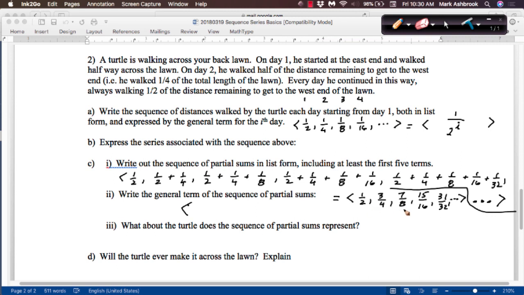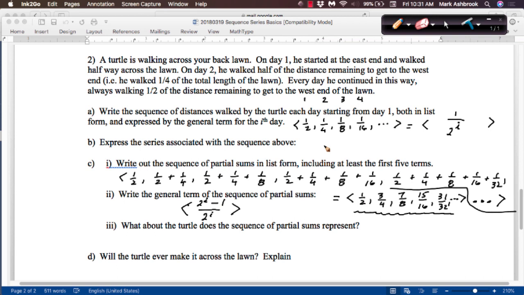So what are our denominators? It's the same as before, 2 to the i. What about the numerator? 1, 3, 7. Isn't it always 1 less than the denominator? So 2 to the i, minus 1. What does the sequence of partial sums represent? The original sequence represented how far he walks on a particular day, right?